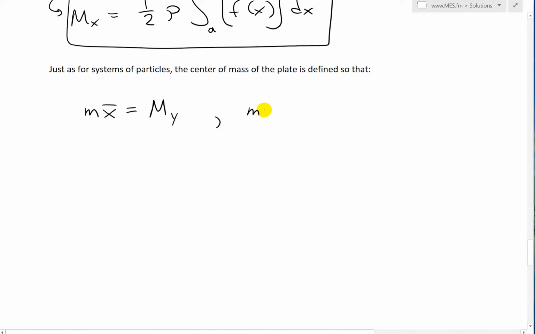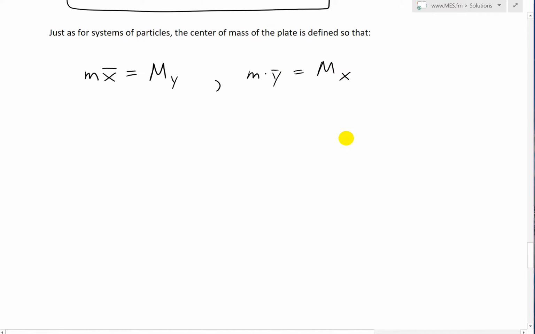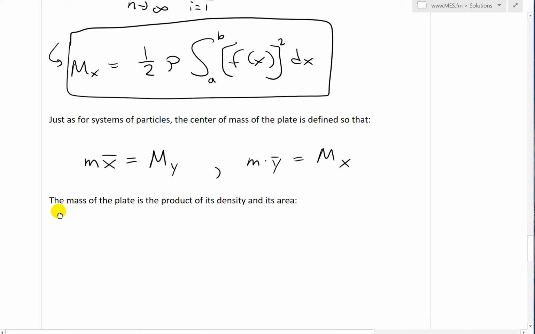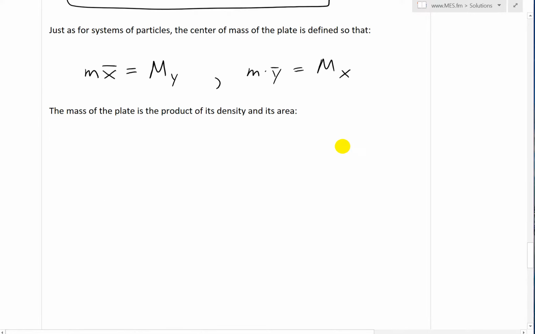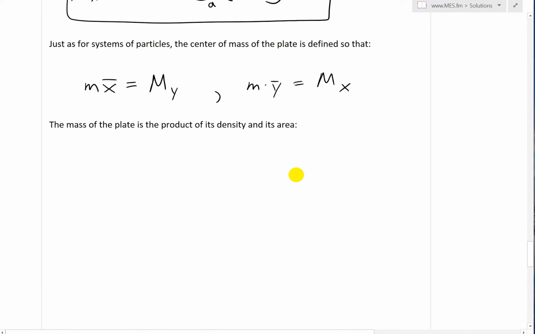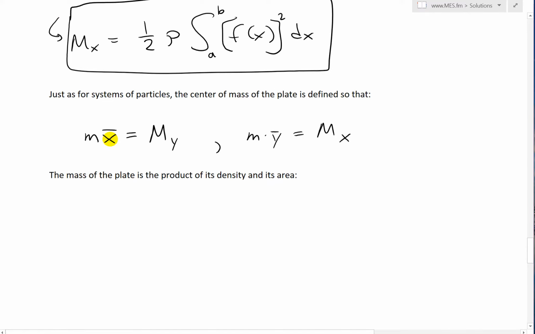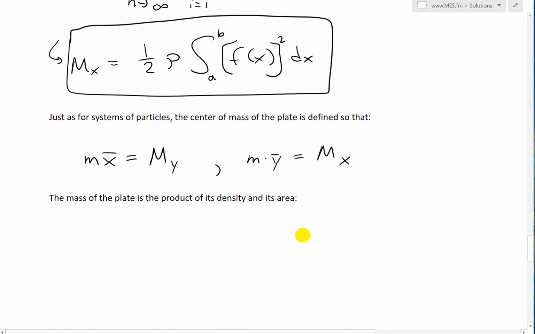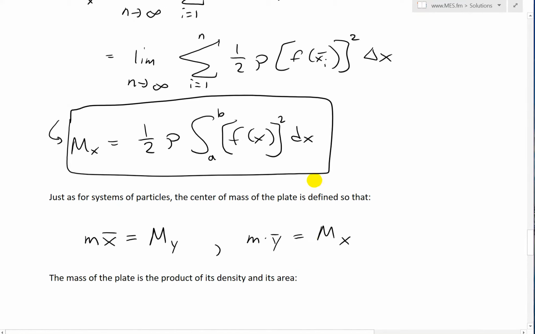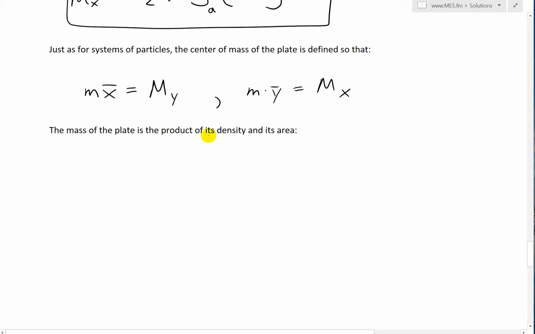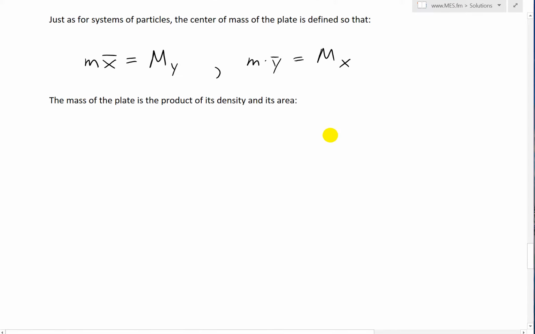Similarly, the mass of the full plate times the centroid in the y direction equals the moment about the x-axis. This is also part of principle 2, where you take the entire region, put it into one point, and that has to equal the same moments as the summation of all of them. Also, the mass of the plate is the product of its density and its area, like I explained above.